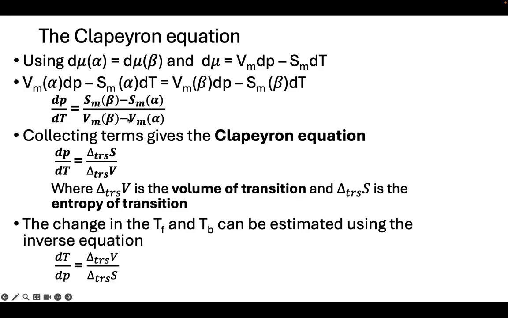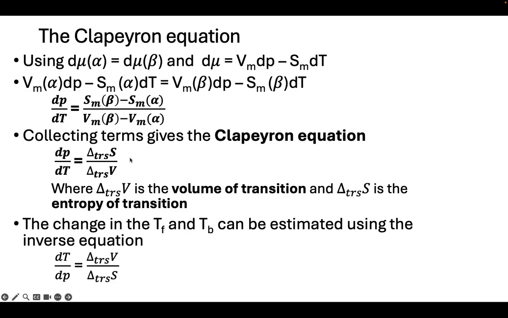Okay, now we give these a name. We're going to call these the delta transition of entropy and the delta transition of volume. Each one of these terms is the molar quantity of the products minus the reactants, so beta minus alpha for the molar entropy, and the change in the molar volume of beta minus alpha.